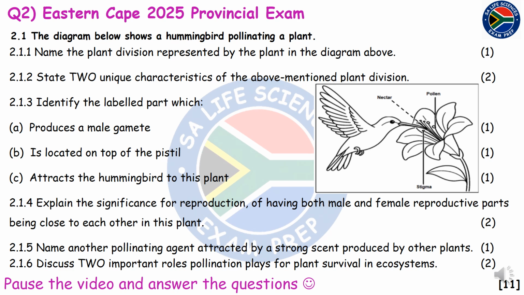The stigma is part of the female reproductive organ and it is the surface onto which the pollen will land. And it extends downwards into the ovary containing the ovules. The nectar is the sugary substance that the bird is attracted to. I'd like you to pause the video and answer the questions that follow.